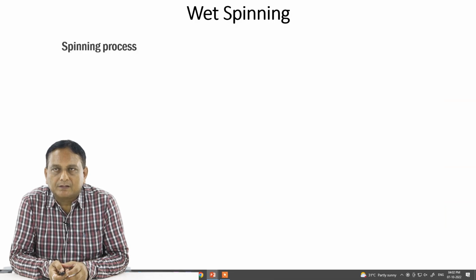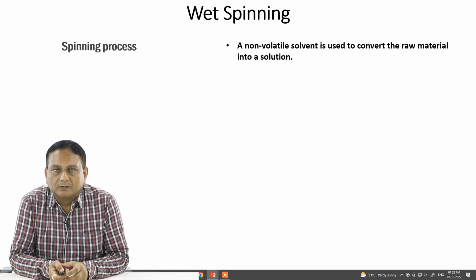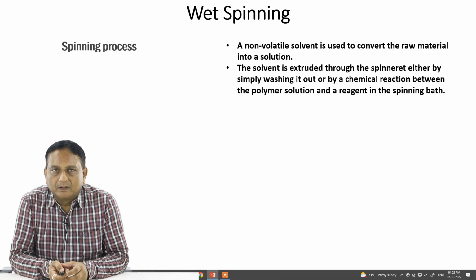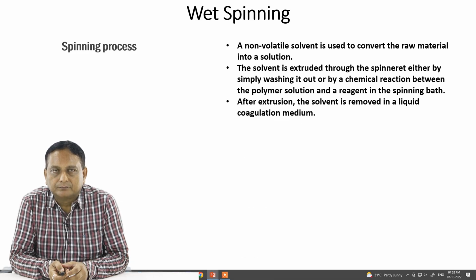If you go into the details of the spinning process, we can see that a non-volatile solvent is used here to convert the raw material into a solution. Then the solution is extruded through the spinneret, and the solvent is removed either by simply washing it out or by a chemical reaction between the polymer solution and a reagent in the spinning bath.